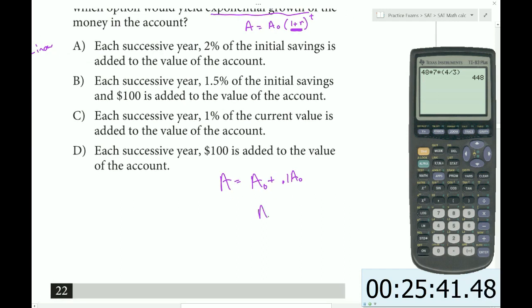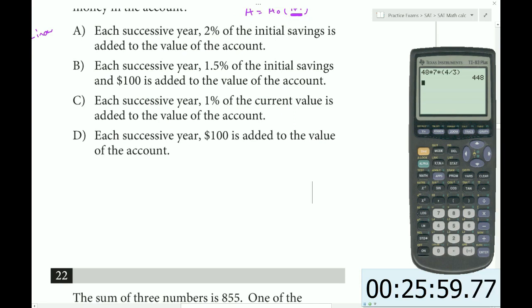So that would be, if we factored it out, A0 times 1 plus the rate. But the key thing here is that the rate is not being brought up to the t power, right? So we're not multiplying it each time. Another way to look at it, the difference between the linear and the compound interest is, are we adding a percentage of the original, or are we adding a percentage of the current?